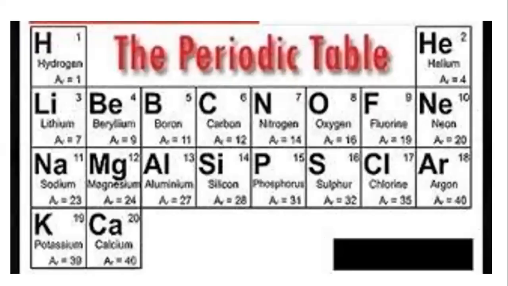Now, this is just an illustration of the periodic table of the first 20 elements, starting from hydrogen to calcium.